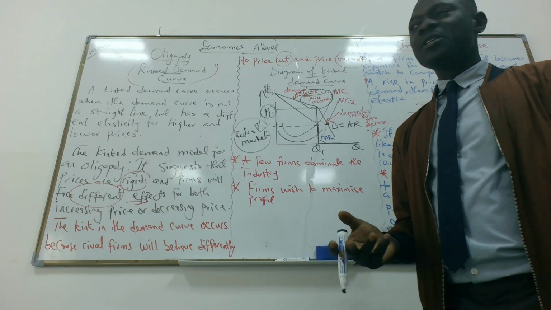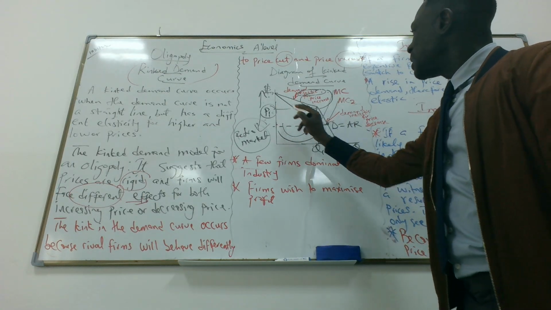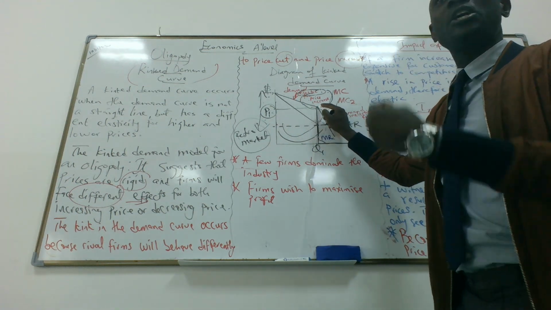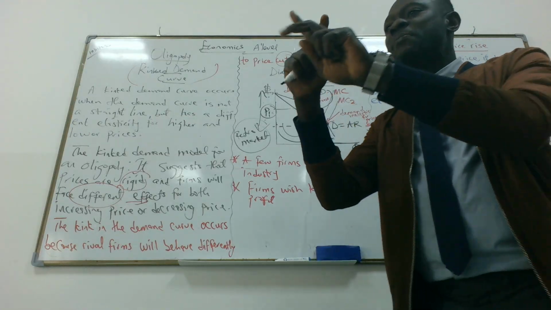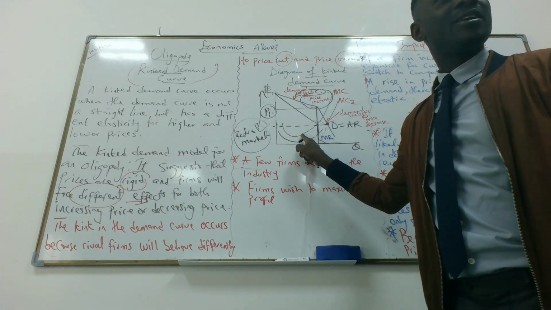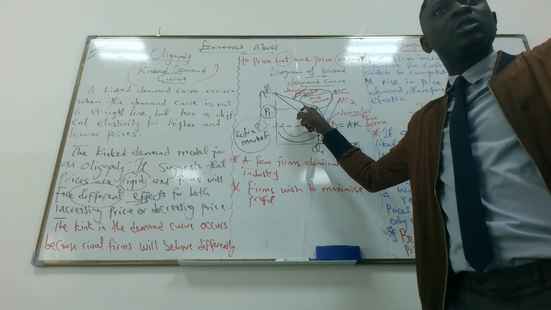Do you get it? So that's why it's no more straight. It is rigid when the price is the same, yes, it's okay. But as soon as you start reducing your price, it will kink. It will not go straight anymore because the behavior has changed. The behavior here is different from the behavior here. The behavior here is price elastic because you choose to increase the price.